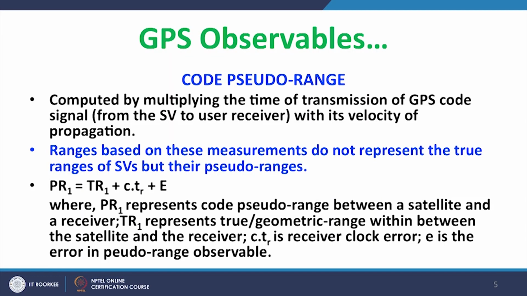As the name itself tells, code pseudo range is determined by measuring the time of transmission from satellite to receiver, from the code information available in the signal, and the velocity of transmission of the signal from satellite to receiver.